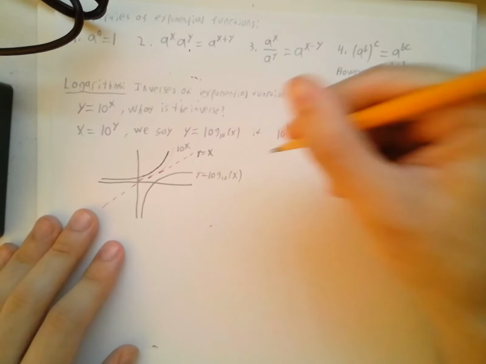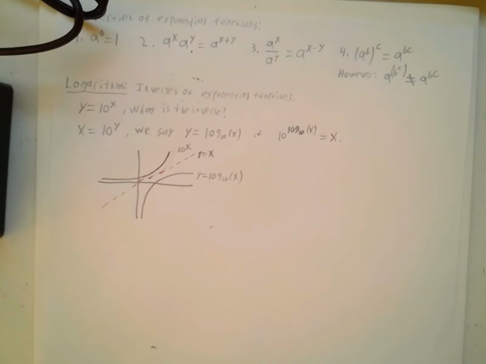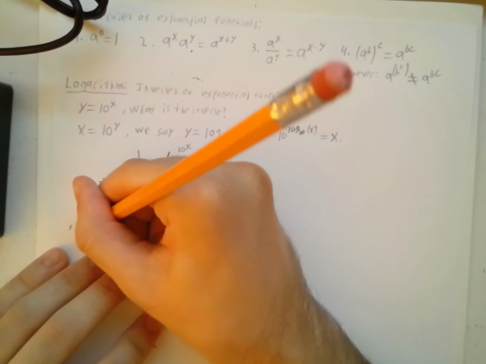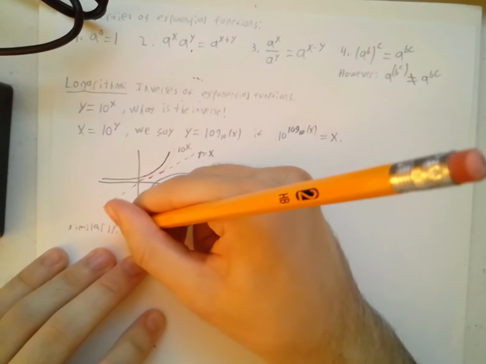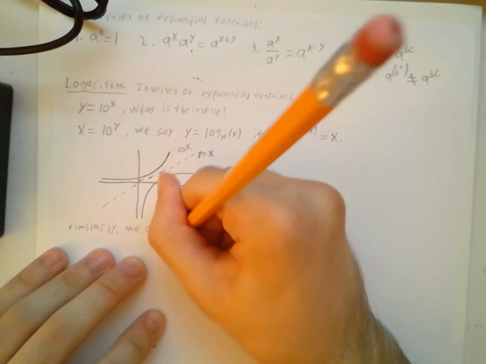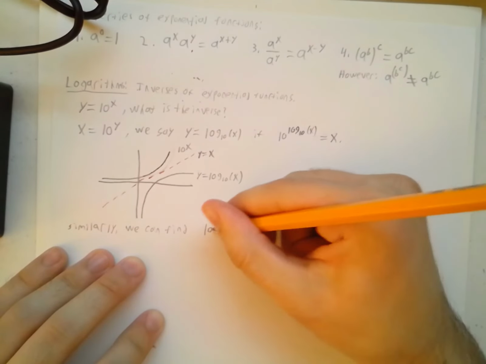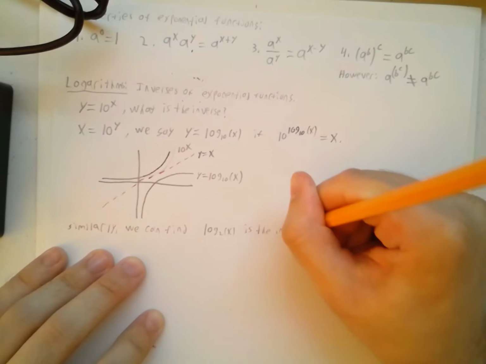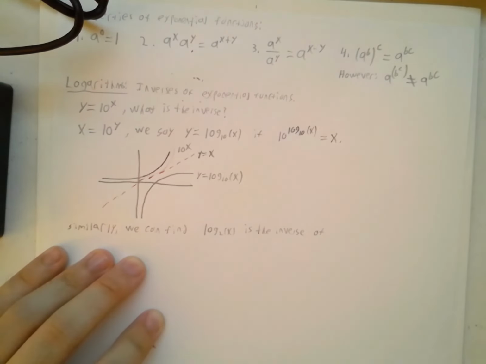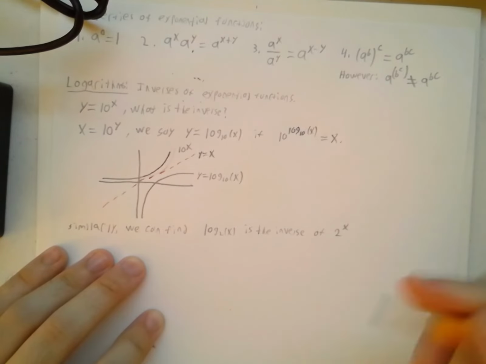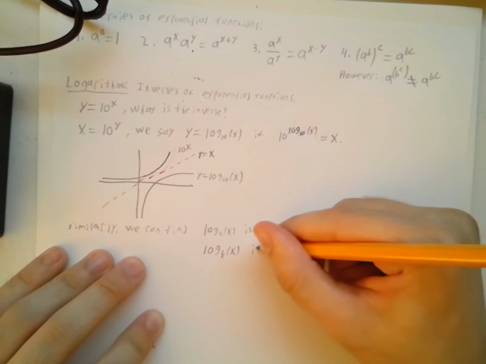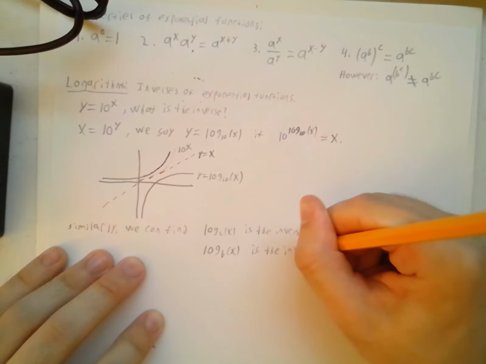And similarly, we can find log base 2 of x is the inverse of 2 to the power x. Similarly for 3, 4, 5, and in general, we say log base b of x is the inverse function of b to the power x.